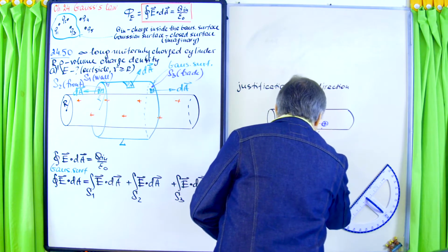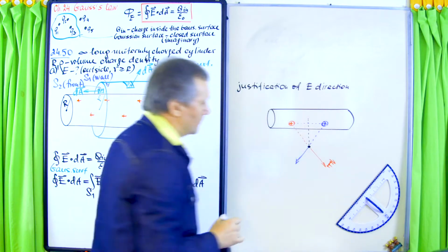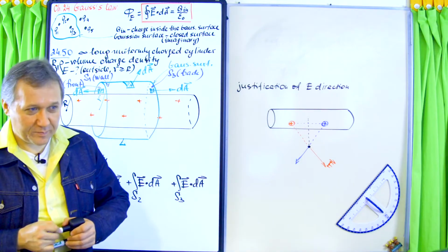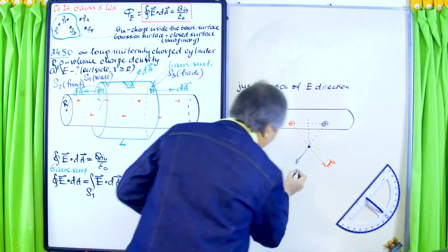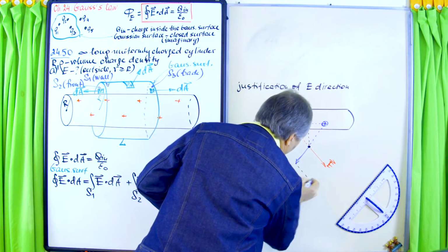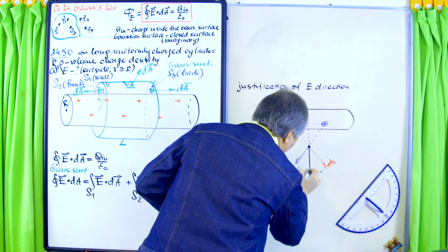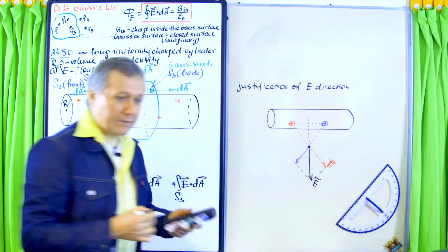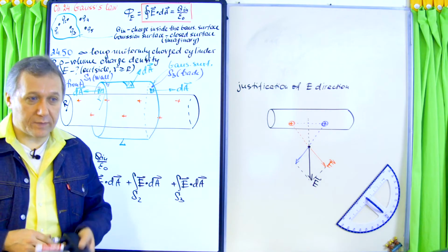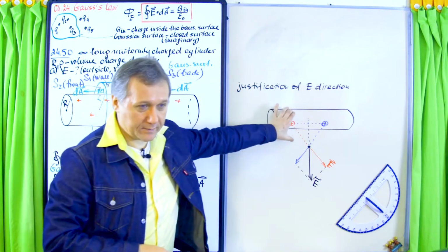It will be something like this. Of course, the same in magnitude, because I just picked the same charges in magnitude. So now, if you add them up, the net electric field will be straight down. That is radial to the cylinder.